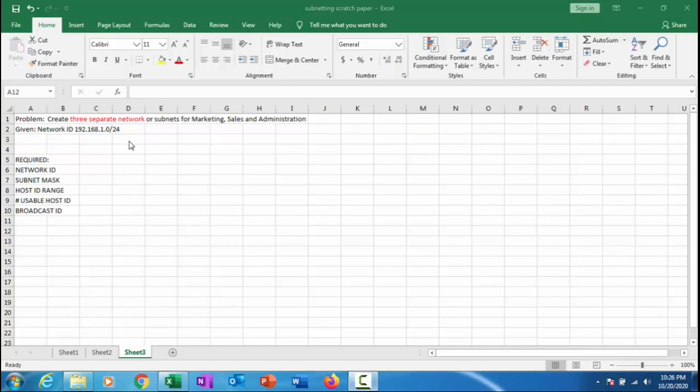which, if you convert it to the full subnet mask, /24 is actually equal to 255.255.255.0 as a subnet mask.